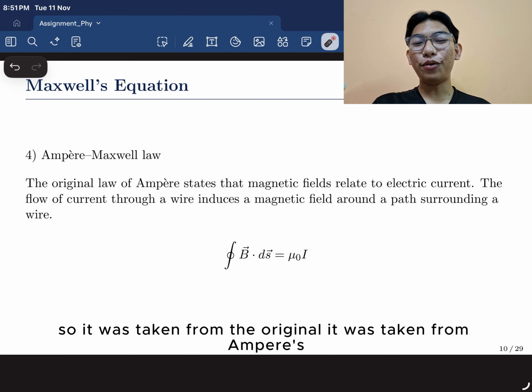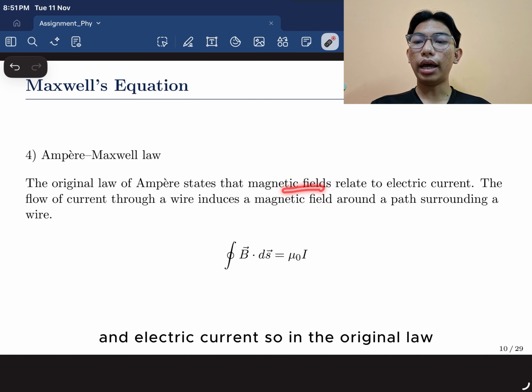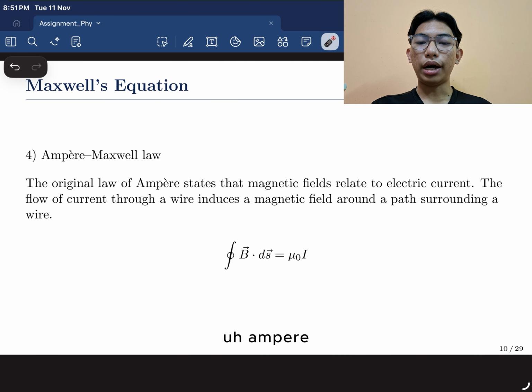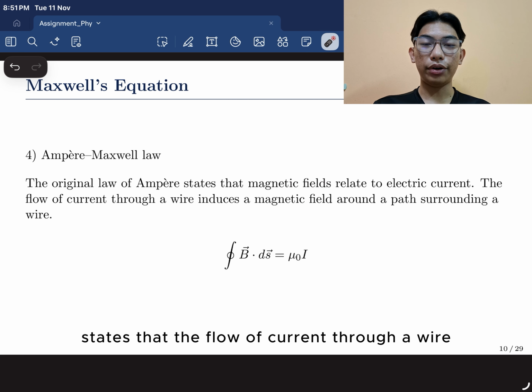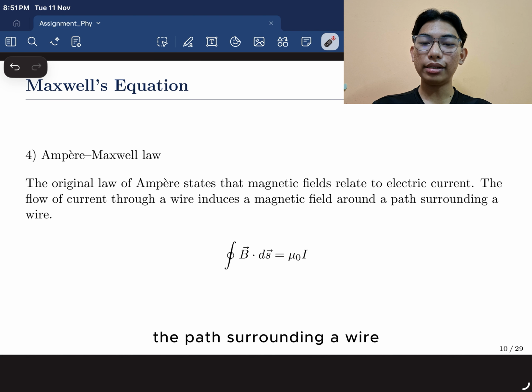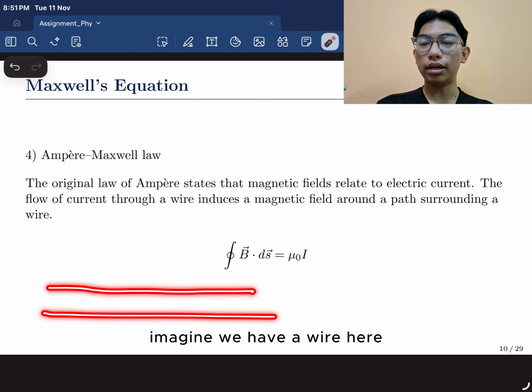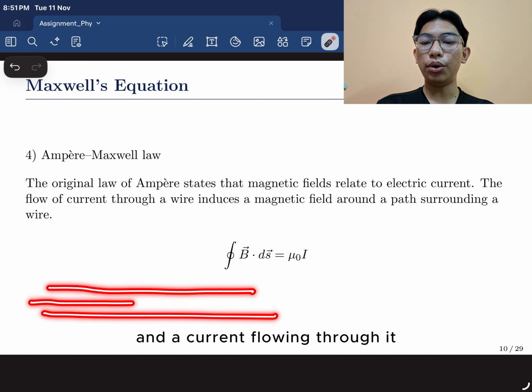It was taken from Ampere's equation that relates magnetic field and electric current. In the original law, Ampere states that the flow of current through a wire induces a magnetic field around the path surrounding the wire. So let's take a look at this. Imagine we have a wire here and a current flowing through it.